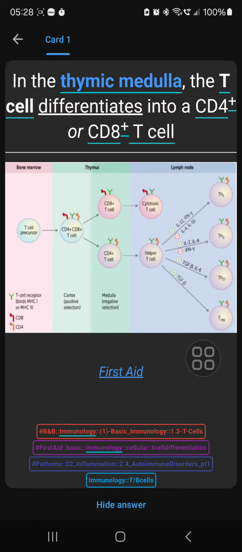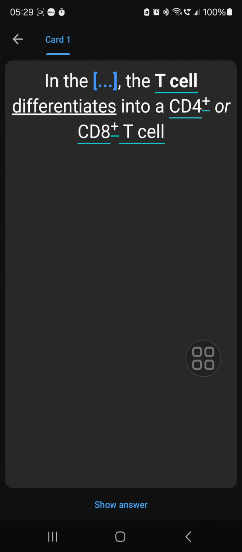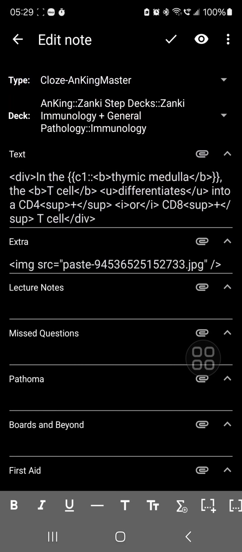No, it's the medulla where it differentiates into either CD4 or CD8. In the cortex, it's positive selection, and in the medulla it has negative selection. So it's in the medulla that the T cell differentiates into CD4 or CD8 positive T cells.